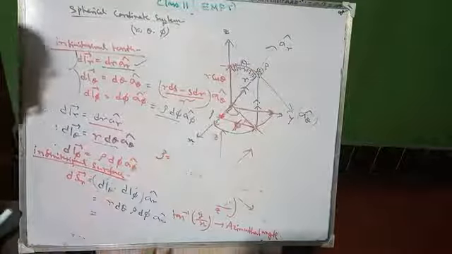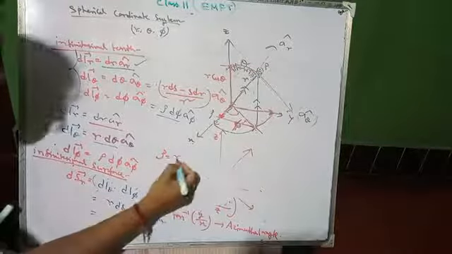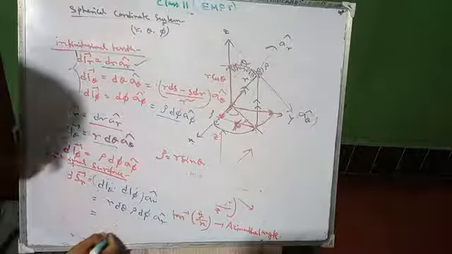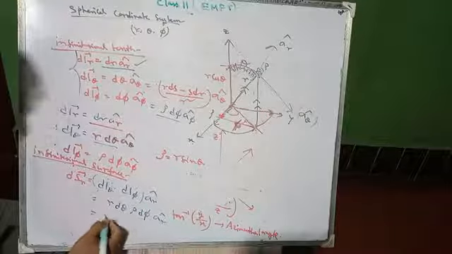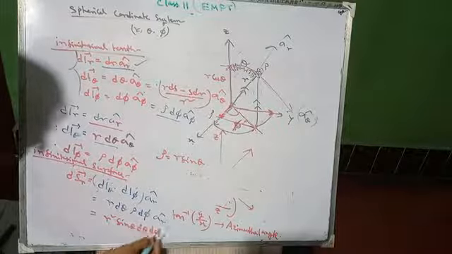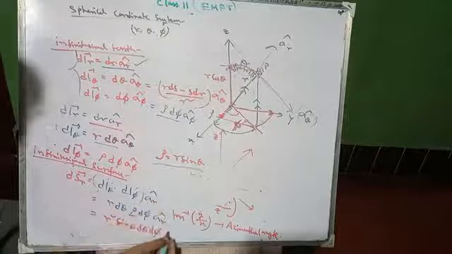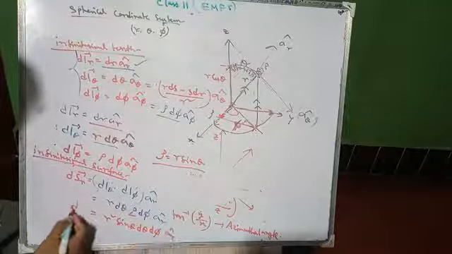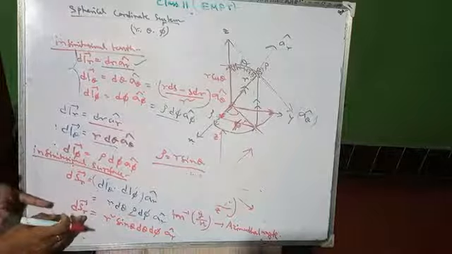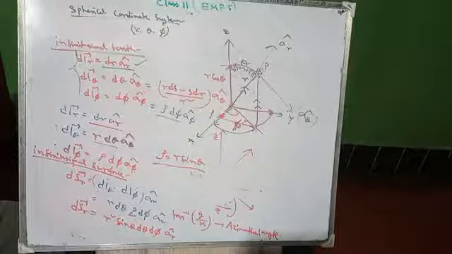Rho equals r sin theta. So r squared sin theta d theta d phi, just put rho equals r sin theta over here. So your dS_r, this infinitesimal surface along r, will be equal to this.